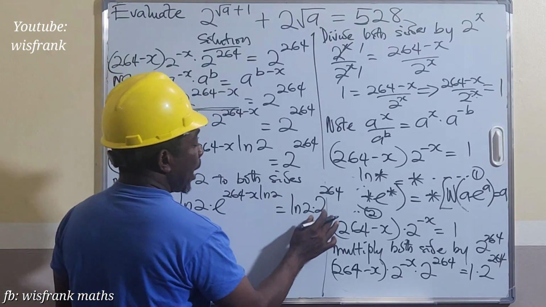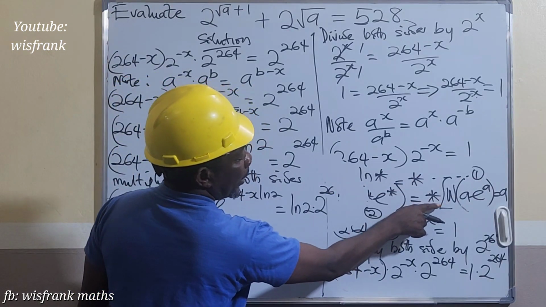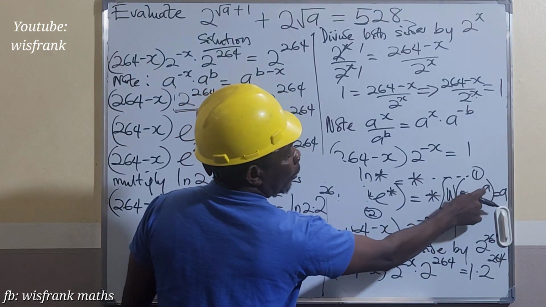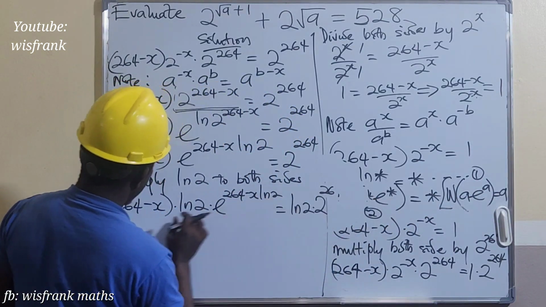So the first step that we are going to have, we're saying that when we apply the Lambert W function of a times e to the power of a, it will give us a. So that's what we are going to do here.